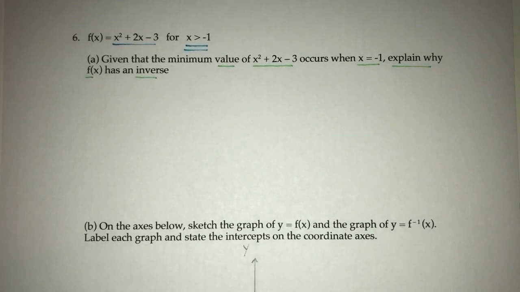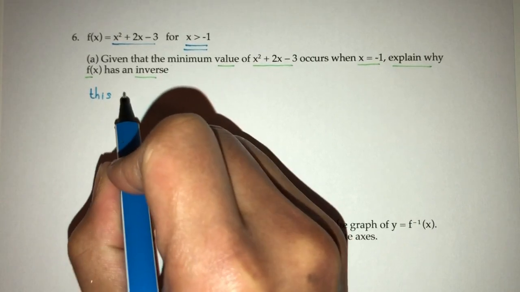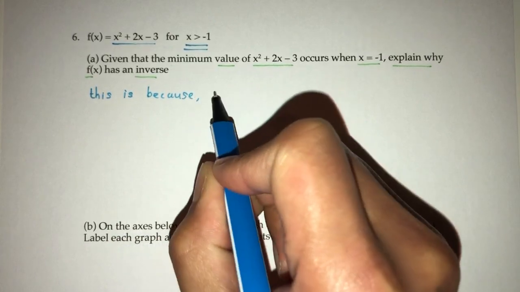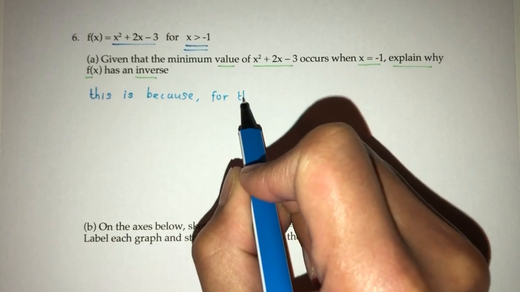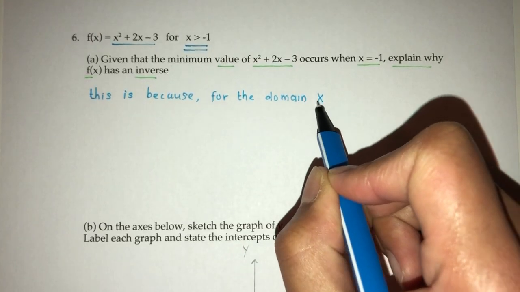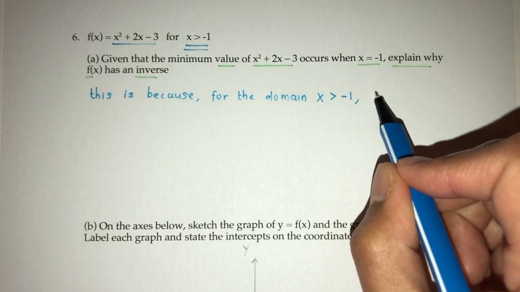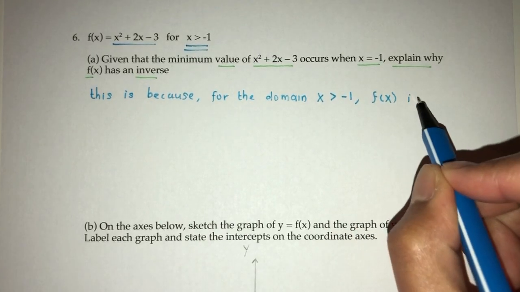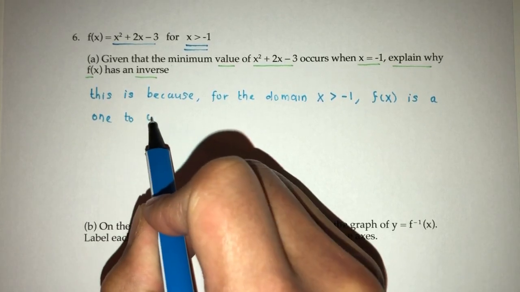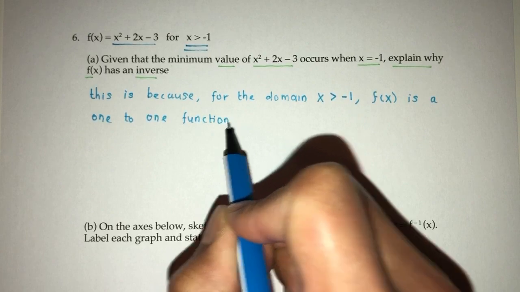So, you write, this is because for the domain x, so domain is always x is more than minus 1, we have the function f of x is a 1-to-1 function. That's why it has an inverse.